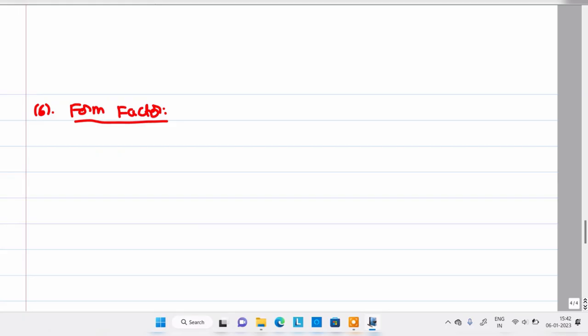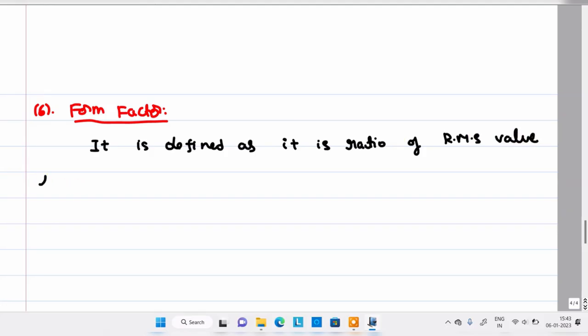For form factor, it is defined as the ratio of RMS value to the average value. Okay, so that is represented by Kf.